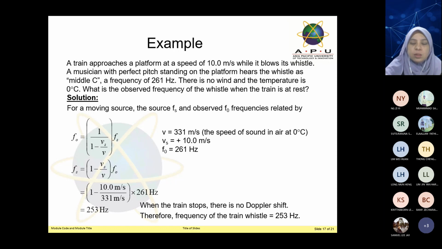So C, D, E, F, G, A, B. After the 7, it repeats another 7, then another 7. So the C repeats many times. Here, middle C means the C which is in the middle.